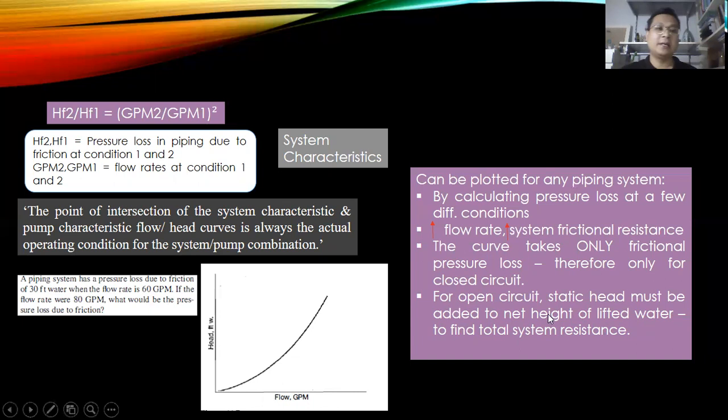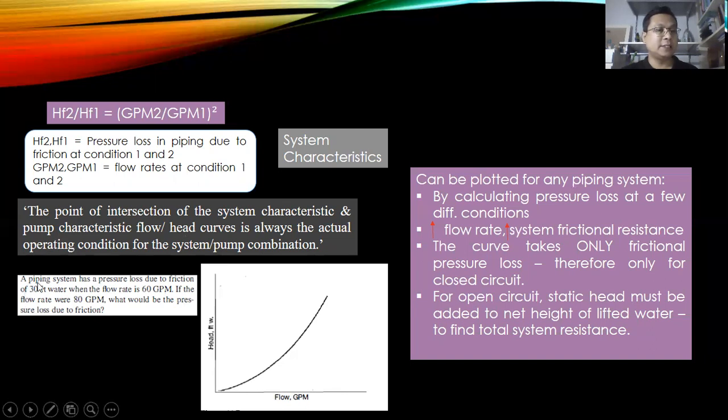We have a graph here of head versus flow. It is almost proportional, but still has a certain curve here. The point of intersection of the system characteristic and the pump characteristic flow-head curve is always the actual operating condition for the pump system.